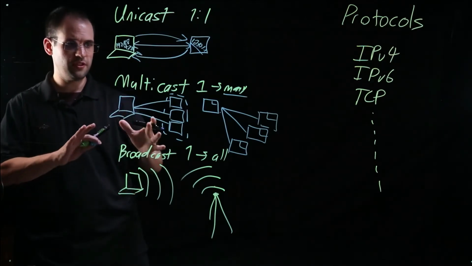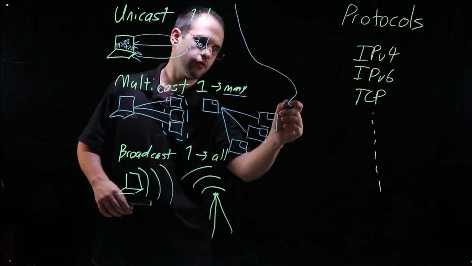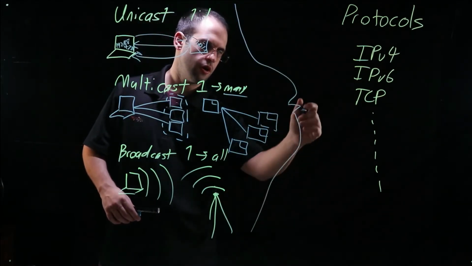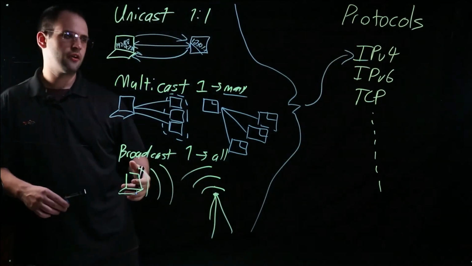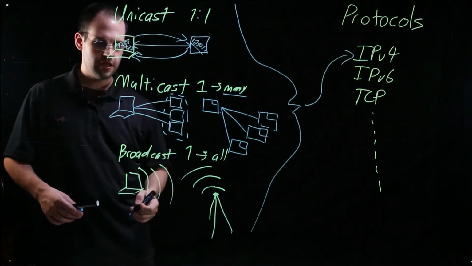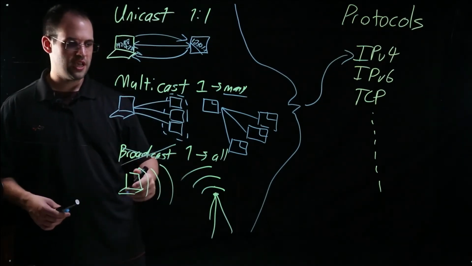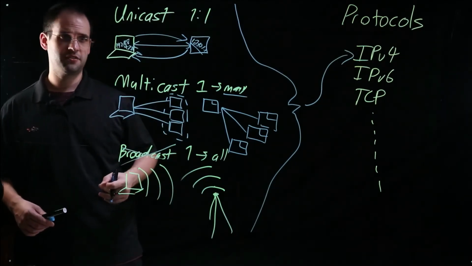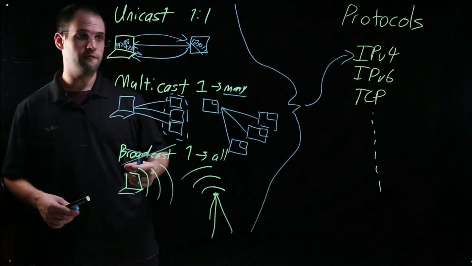Now, all this here is focusing predominantly on IPv4. And we will actually see later on that IPv6 does away with this broadcast network and replaces it with something called Unicast. And that's a bit outside the scope of this video.